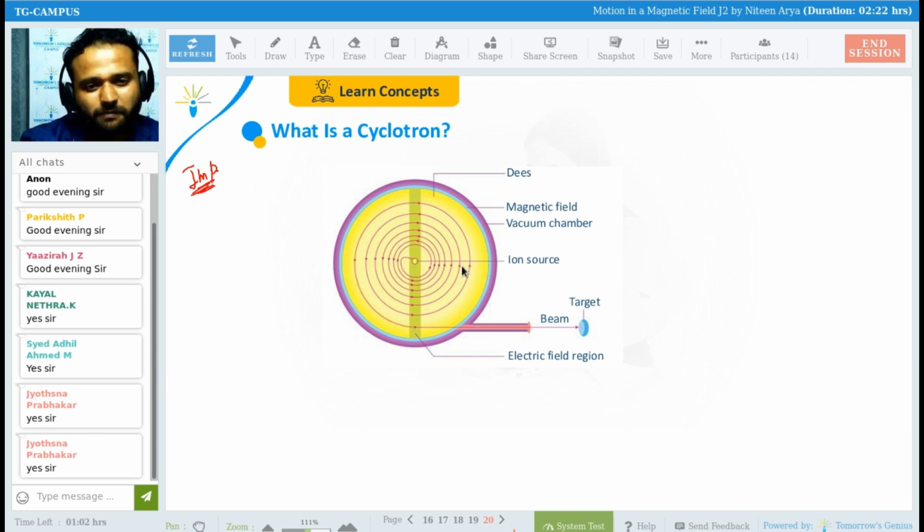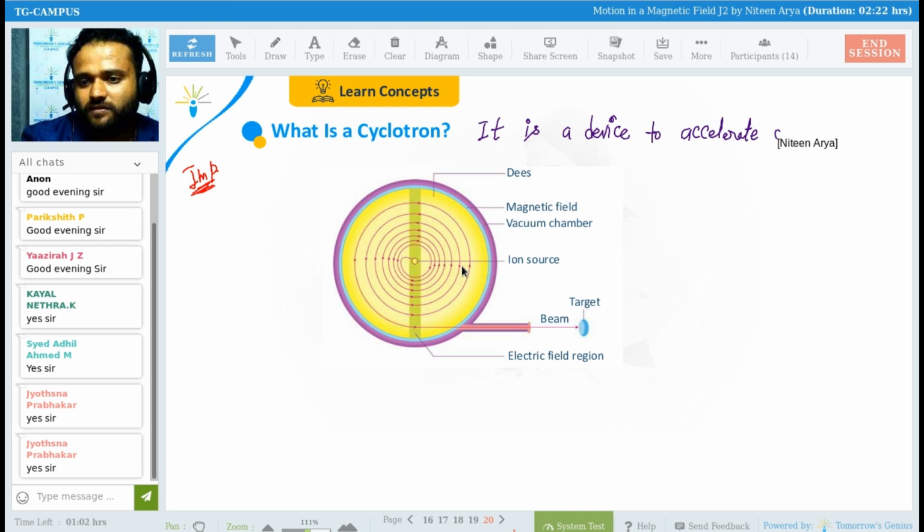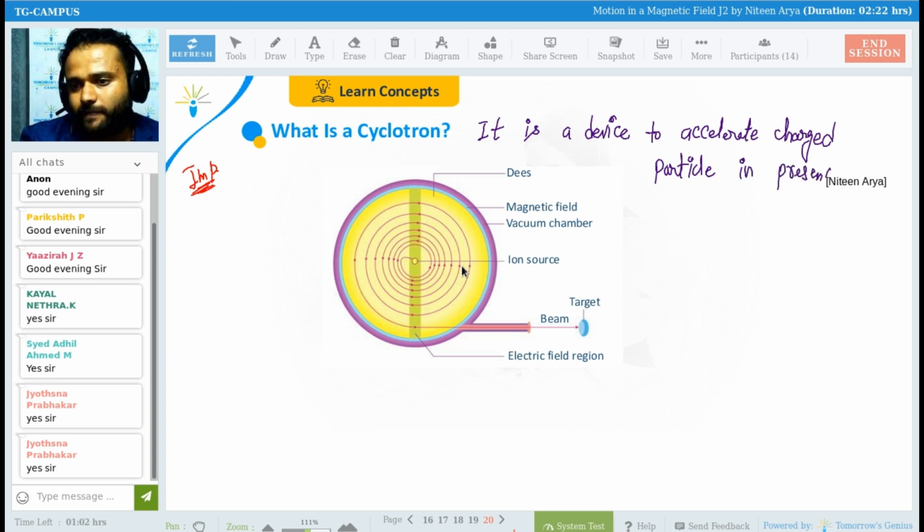Or simply, in a simple sentence, it is a device to accelerate charged particles in the presence of a magnetic field and an electric field.